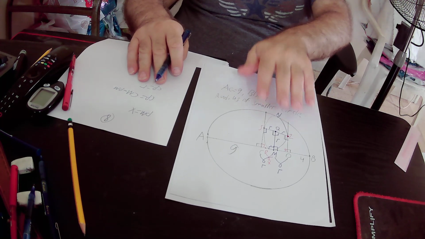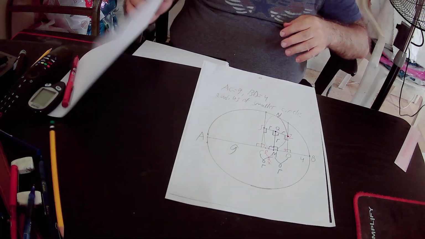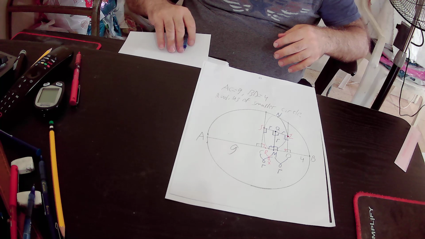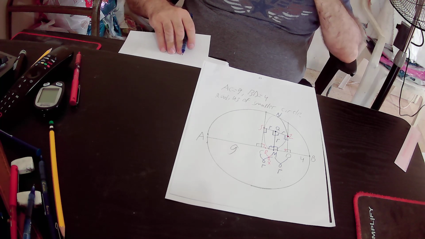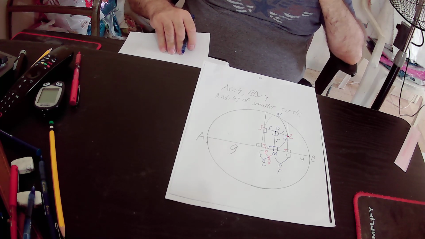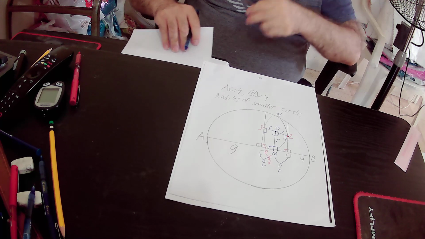Again, Cm equals r and Pm equals x according to our definition.